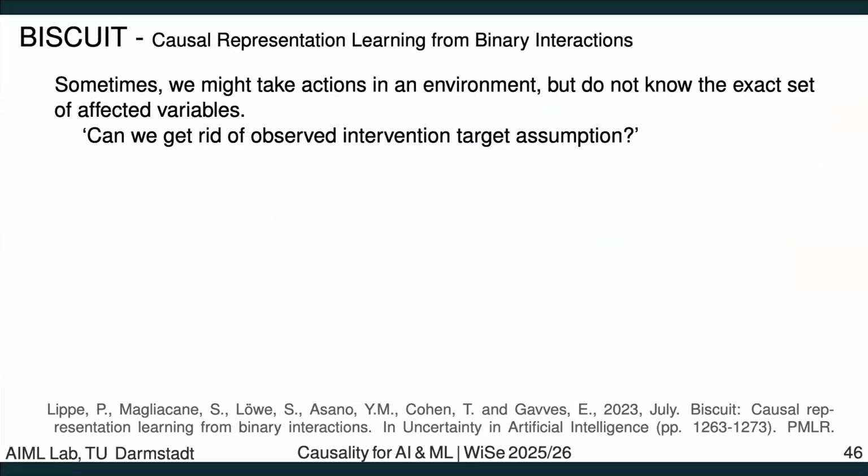A generalization of that is BISCIT, causal representation learning from binary interactions. This drops the constraint that we need to know which variables we are intervening on.